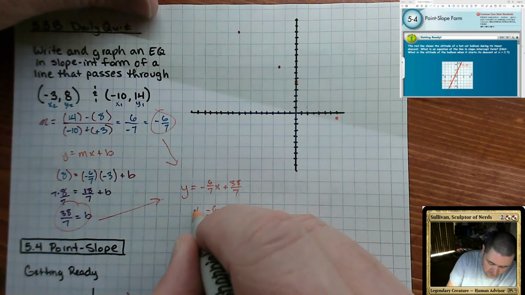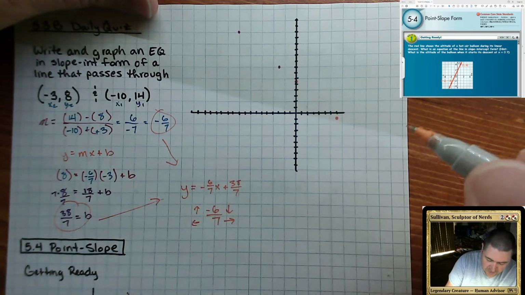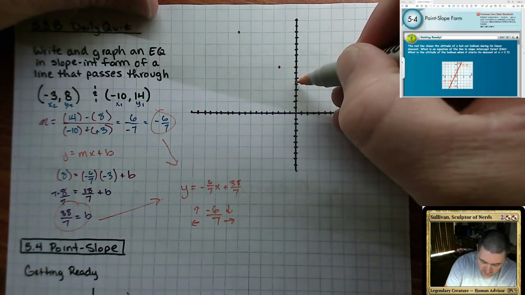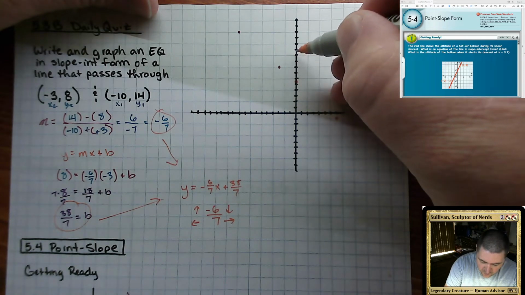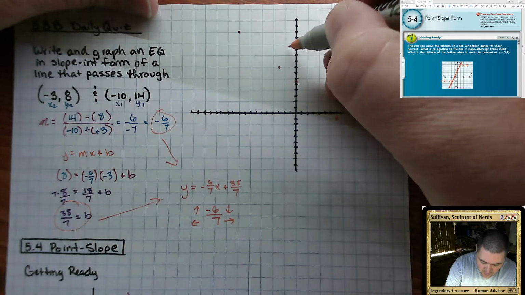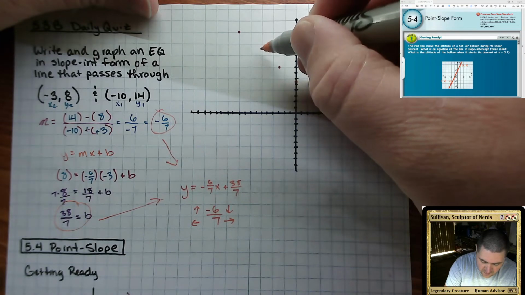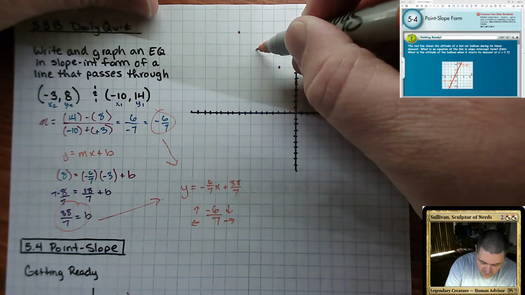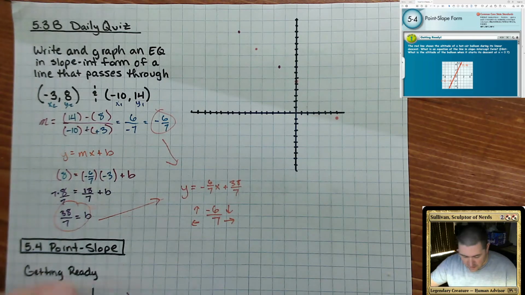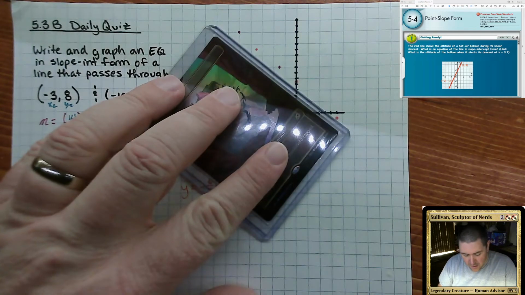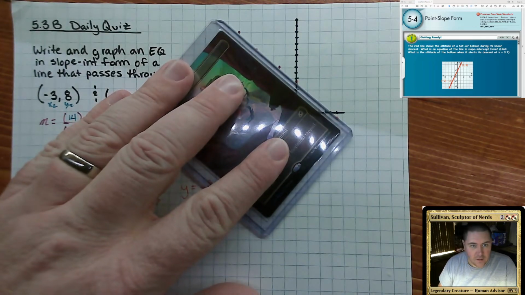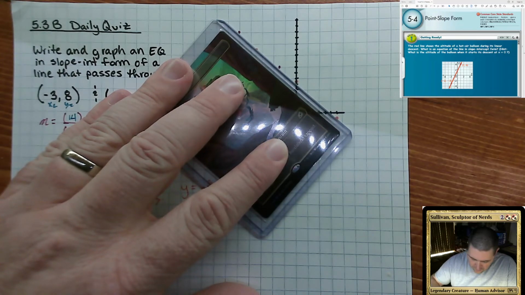Or I could also go up 6, left 7. From here, up 1, 2, 3, 4, 5, 6, back 1, 2, 3, 4, 5, 6, 7. And my orange dots and my pink dots end up lining up perfectly.